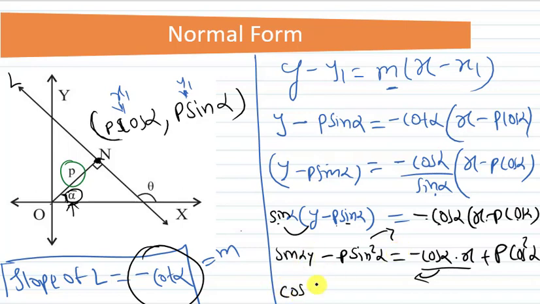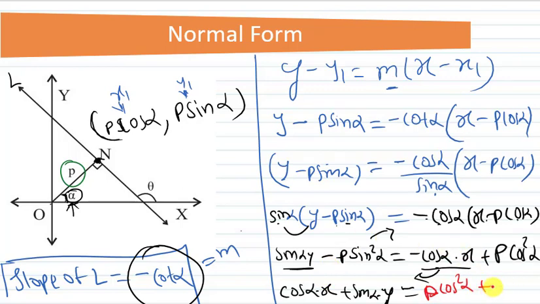Now switch this term to the left and this term to the right. What I will get? Cos alpha into x plus sin alpha into y. I am writing this first and this second. Right? Now what I will have?